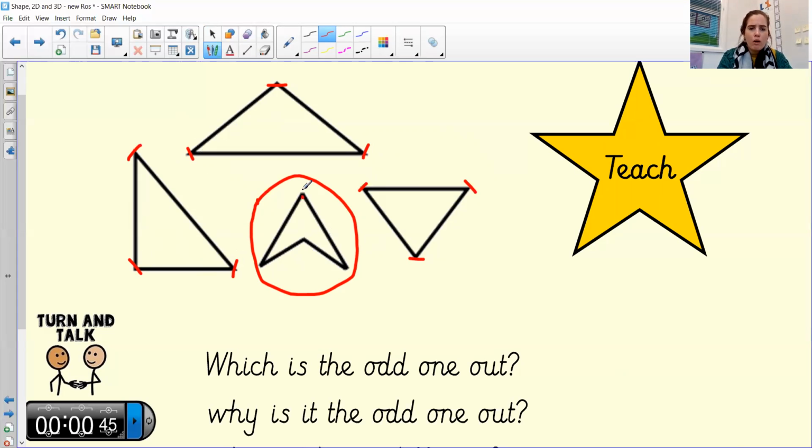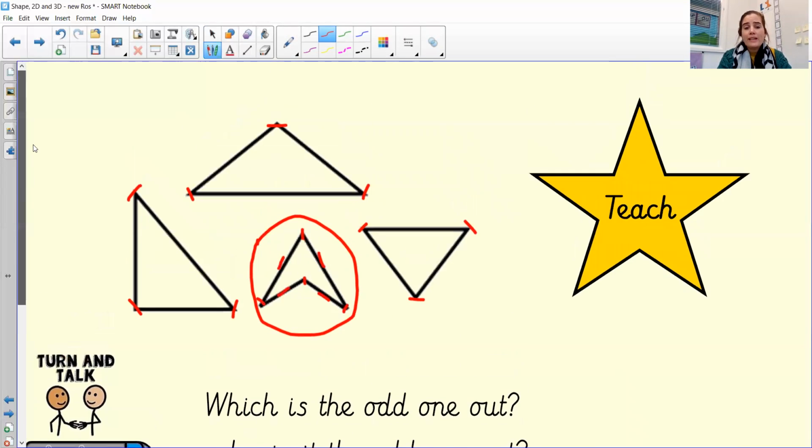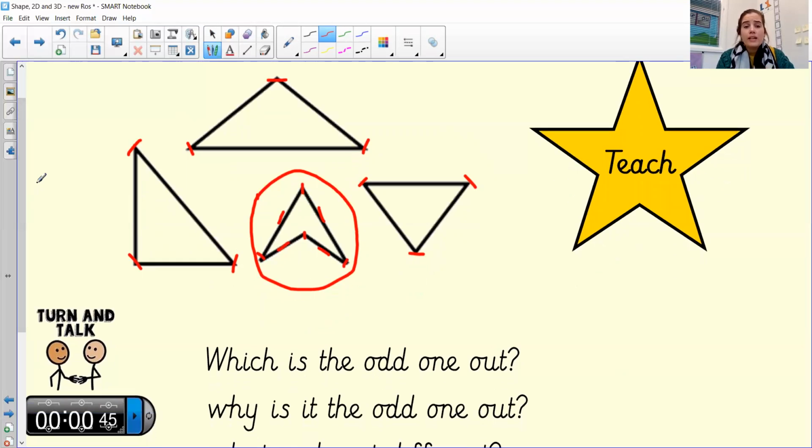Let's count them. 1, 2, 3, 4 corners, 1 side, 2 sides, 3 sides, 4 sides. No, it's got 4. What's our last question? What makes it different? Well, it's in a different shape like this. It looks like an arrow, doesn't it? And because it's got those 4 corners and 4 sides.